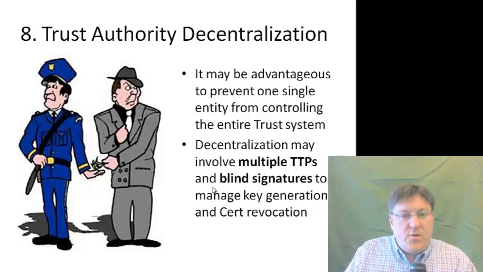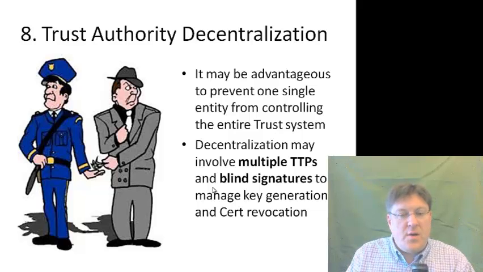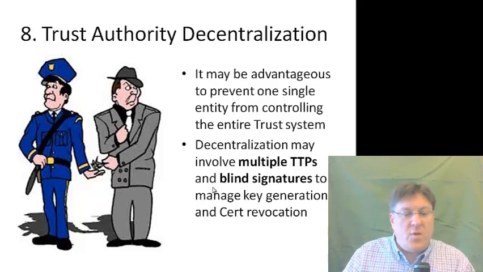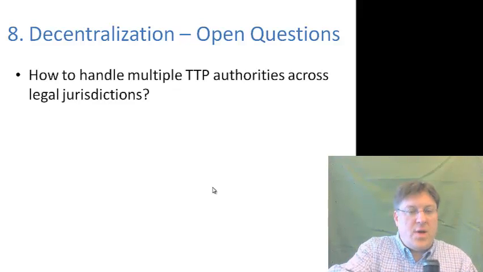A lot of researchers have suggested decentralizing the trust system so that there are multiple trusted third parties involved in issuing one of these signatures, with blind signatures, distributed key generation, and distributed certificate revocation, so that no one authority has total control over the trust system. Problem again, how do you handle that?